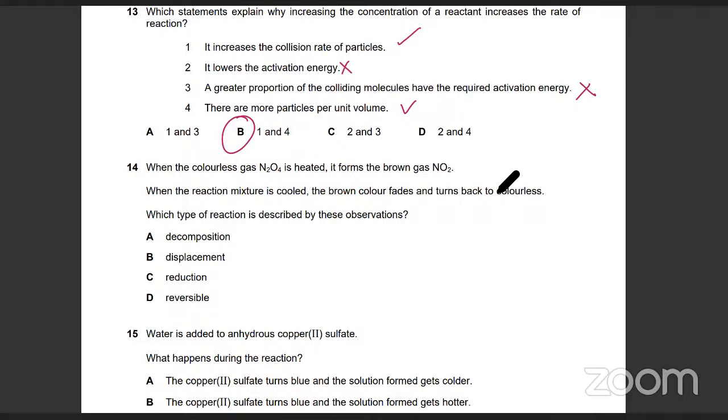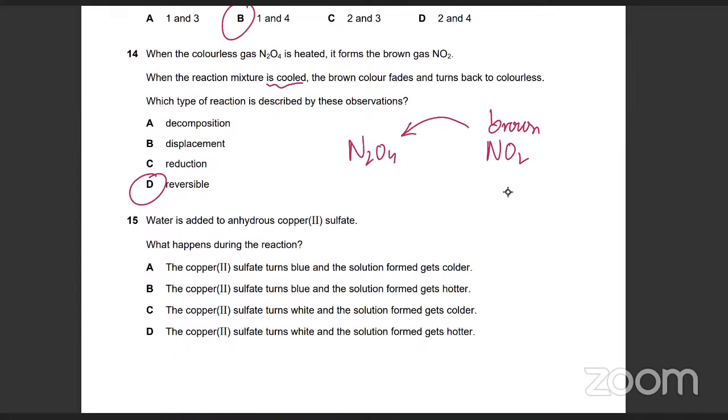There was N2O4. Reversible? It is a reversible reaction. It became NO2, he said it became brown. But then when he cooled it, it turned back to colorless. So that means the reaction is reversing.